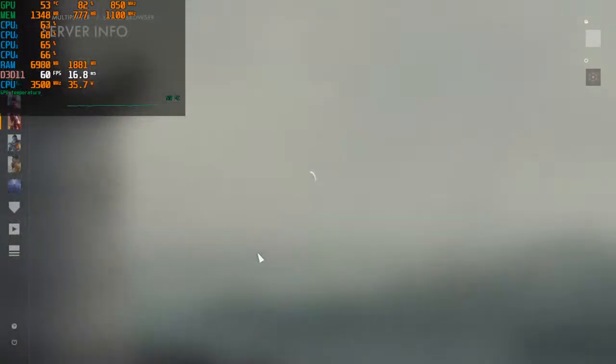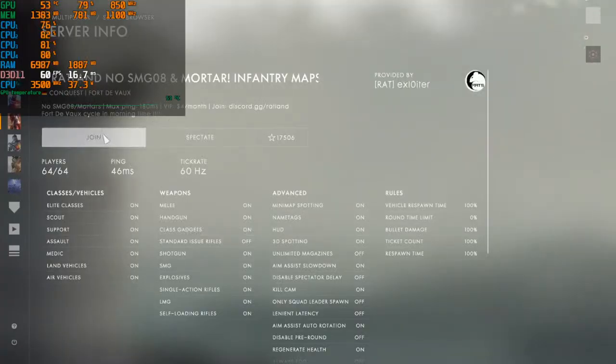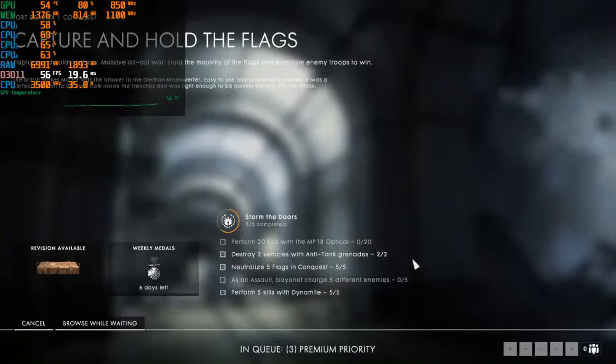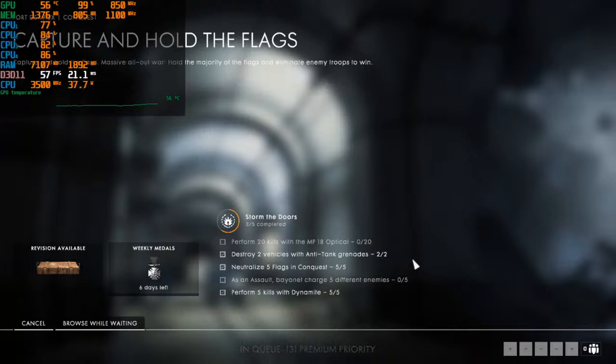I'm going to go here again to Fort, hopefully. And what's very interesting, please pay attention to this. So base clock 3.5.